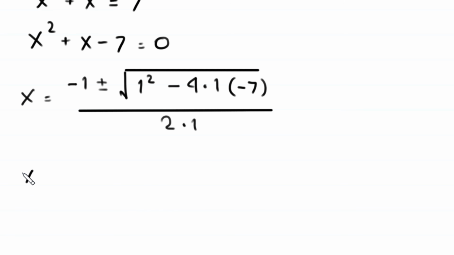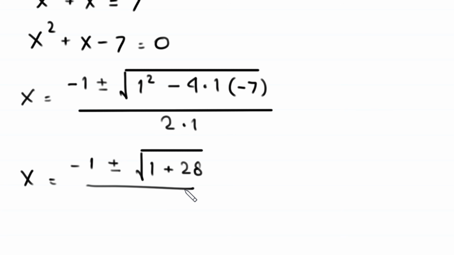Further simplify, x is equal to negative 1 plus or minus the square root of 1 squared, which is 1, and negative 4 times negative 7, plus 28, divided by 2 times 1, which is 2.